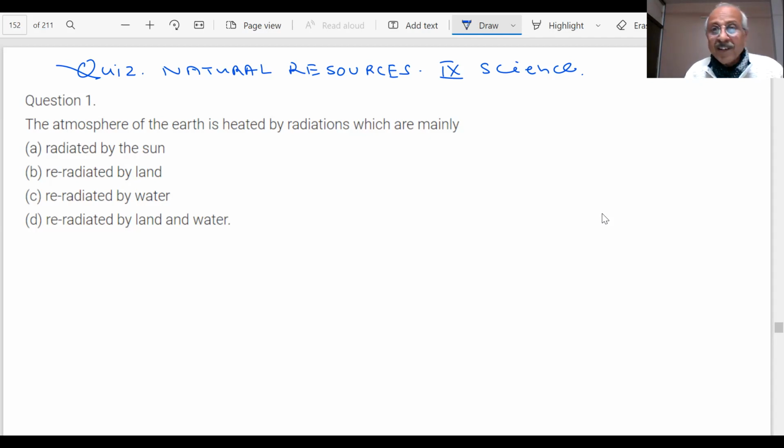Therefore, it becomes necessary that we conserve our plants, forests, and trees. Ecological balance should be conserved, and natural resources should be conserved and used judiciously, wisely, in a sustainable manner. We should not disturb the balance. Did we discuss all these things? Yes or no? Yes, sir.